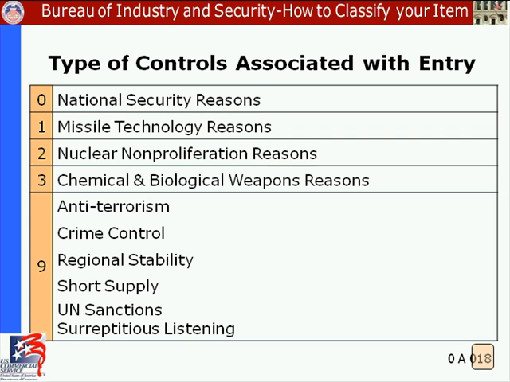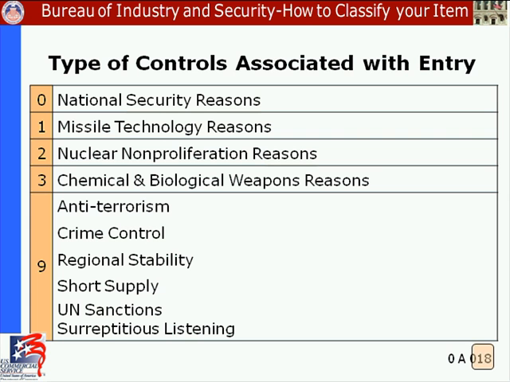And you also have UN sanctions, like shotgun shells under 0A986, that are also controlled, besides crime control, for United Nations sanction reasons against North Korea and Rwanda. In case you don't know, Rwanda is spelled R-W-A-N-D-A. So under UN sanction.